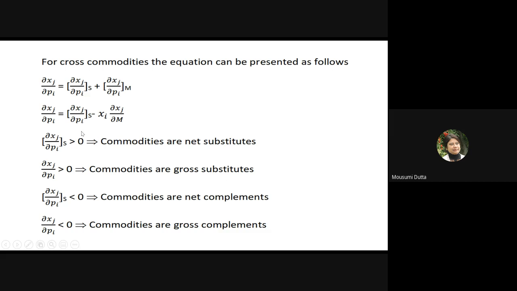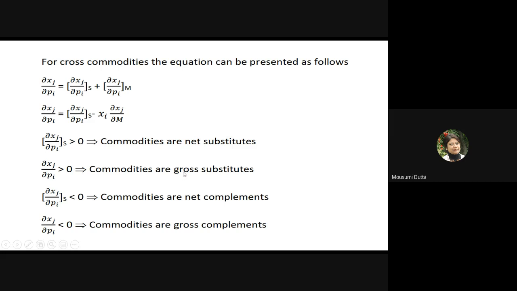If only this term is positive, we call the commodities net substitutes. If the left hand side term, del xj by del pi, the total effect, is positive, then the commodities are called gross substitutes.